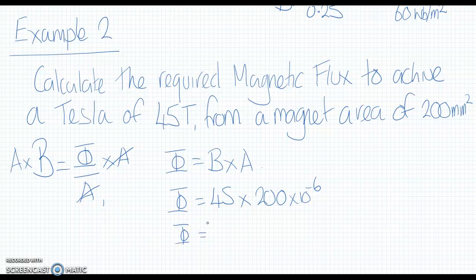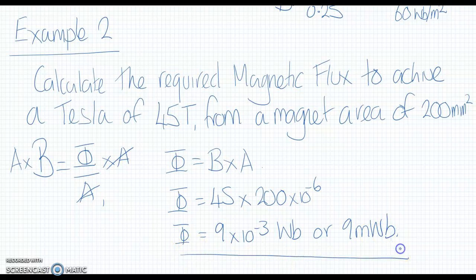So 45 times 200 times 10 to the power of minus 6 gives us 9 times 10 to the minus 3 Weber, or 9 milliWeber.